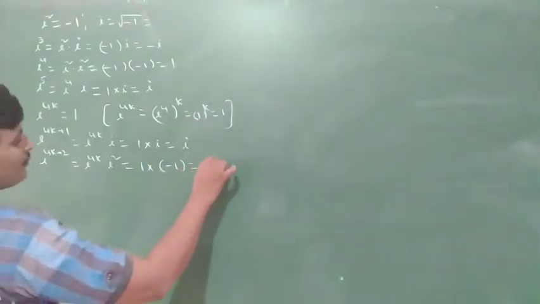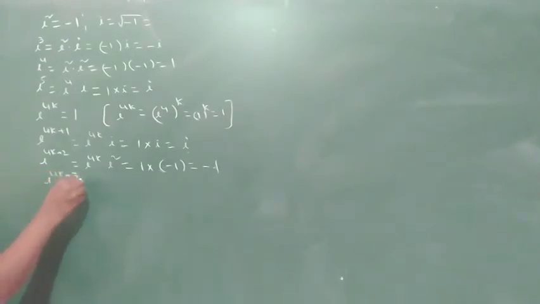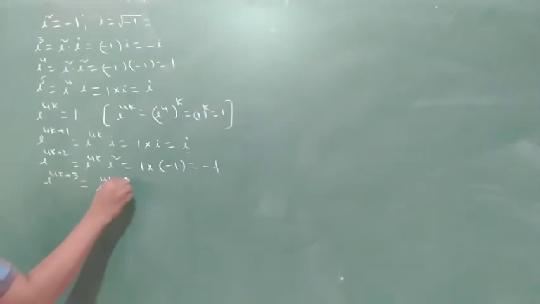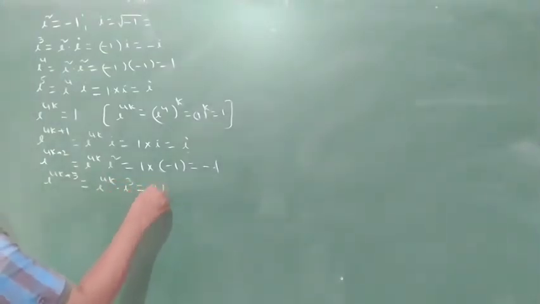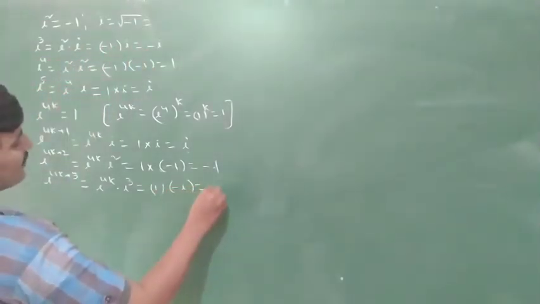So i power 4k plus 3 is equal to i power 4k into i cube, that is 1 into i cube, and i cube is equal to minus i. These are the results. Okay?